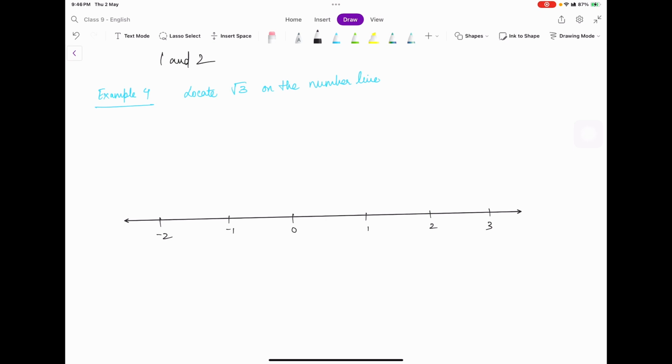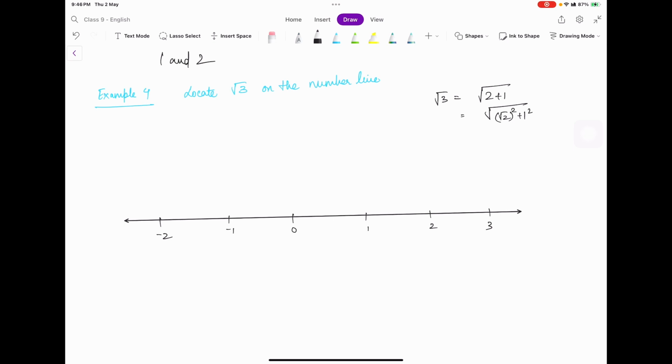Root 3, you can write as root of 2 plus 1. Now this is Pythagoras: by Pythagoras theorem, this is root 2 square plus 1 square, which is 2 plus 1. So we need a triangle whose base is root 2 and whose height is 1.